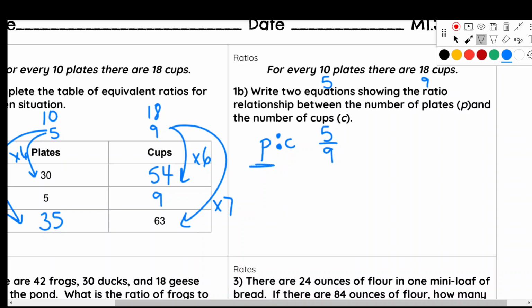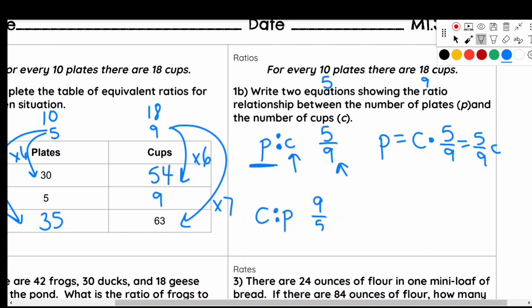The plates, the first part of the ratio, are equal to the cups times this ratio value here of 5/9, which in other videos I have written as 5/9 of the cups. The ratio of cups to plates, again writing my ratio, cups is 9 and plates are 5.